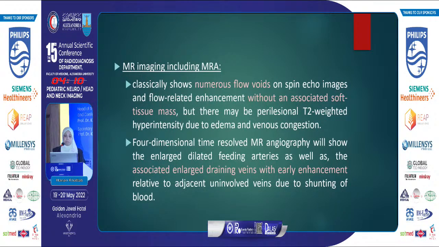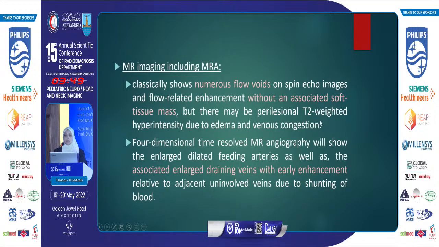MRI shows multiple numerous flow voids without associated soft tissue mass, and this could differentiate high flow lesions such as arteriovenous malformation from high flow vascular tumor such as hemangioma. Arteriovenous malformations are not associated with soft tissue mass.